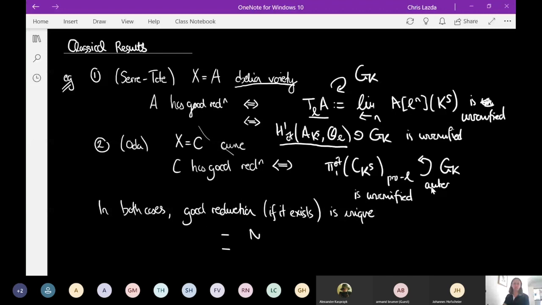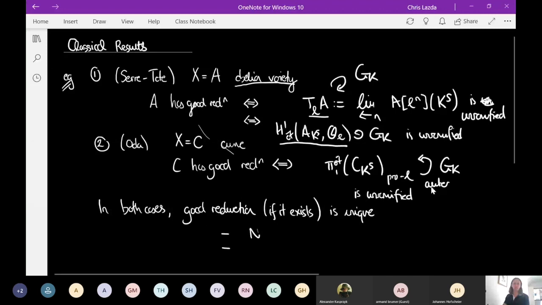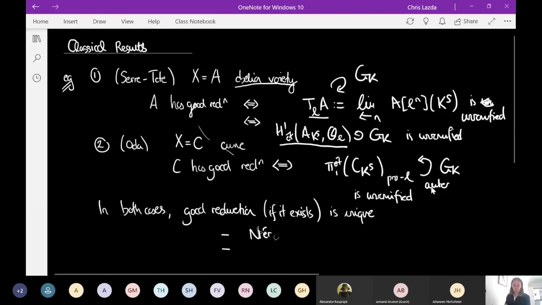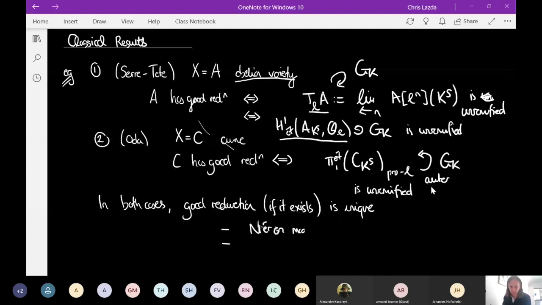This is essentially due to the theory of Neron models in the first case, and due to the theory of minimal models in the second case.